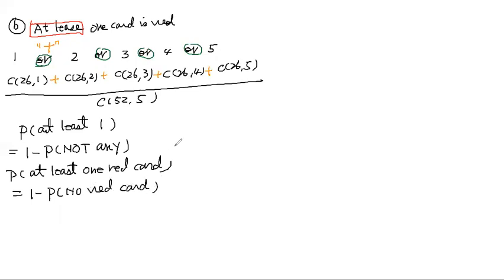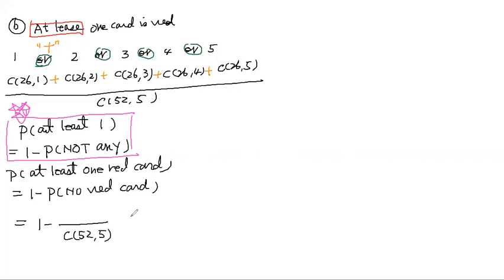This is a pretty important simple shortcut. If you say at least 1, then you can do 1 minus none. So now the problem will be easy. You say 1 minus no red car, right? My sample space is still C(52, 5).